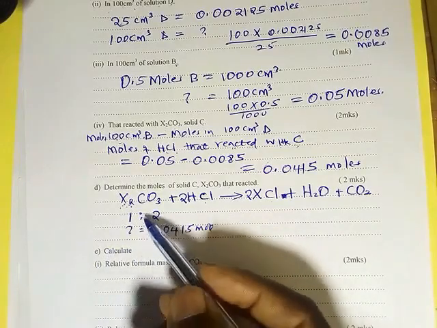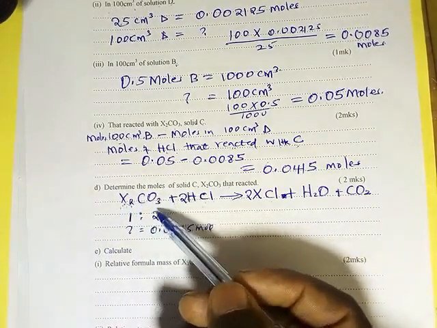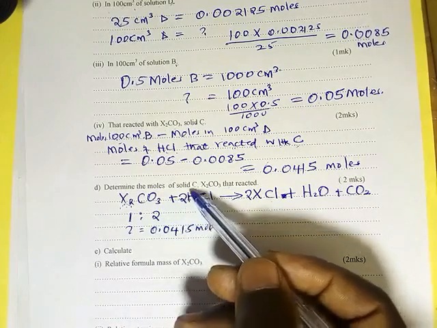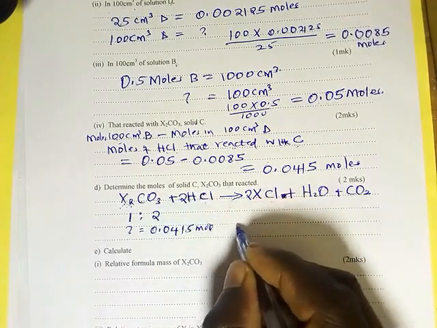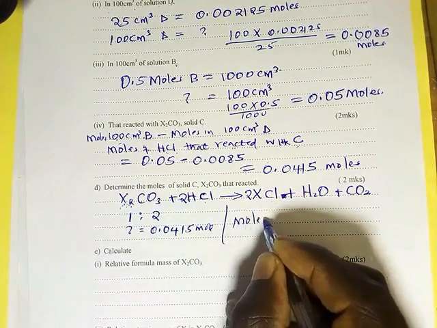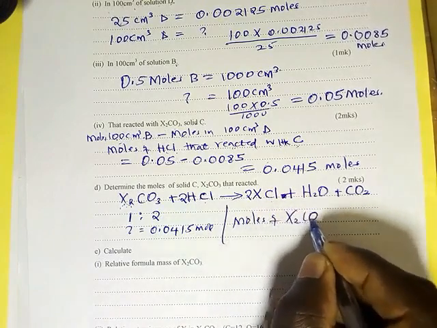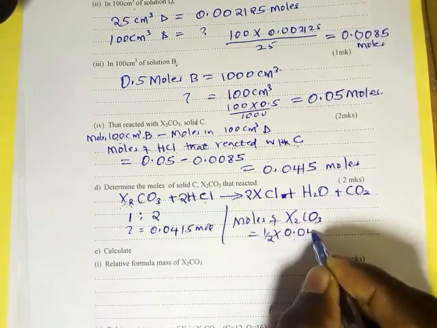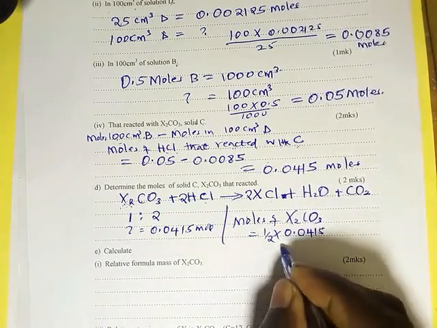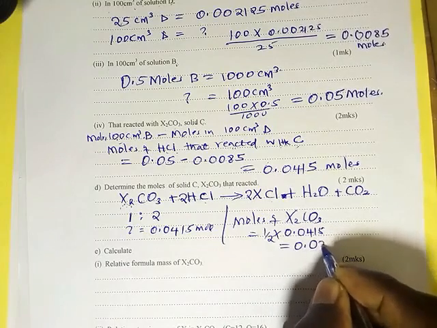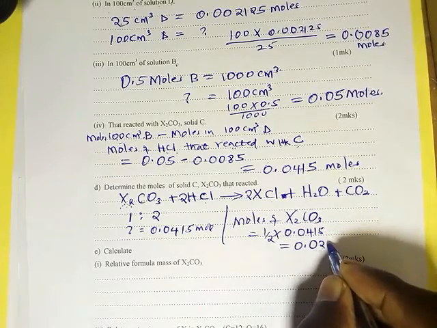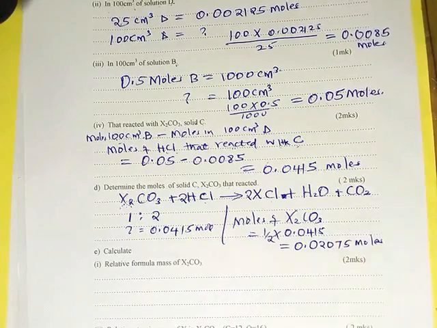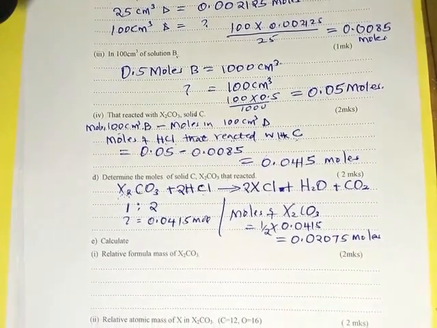Because this one is 1 to 2, the number of moles of the carbonate is going to be a half that of the acid. So moles of X2 carbonate is equal to a half times 0.0415, which is equal to 0.02075 moles. A half of that one.